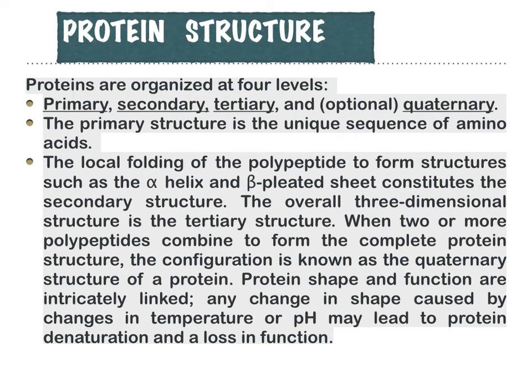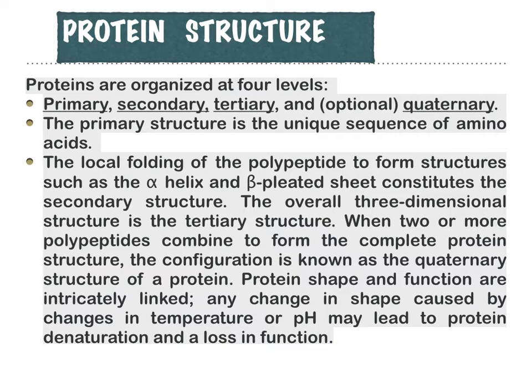Protein structures are organized into four levels: primary, secondary, tertiary, and the optional quaternary. The primary structure is the unique sequence of amino acids. The local folding of the polypeptide to form structures such as the alpha helix and beta pleated sheet constitutes the secondary structure. The overall three-dimensional structure is the tertiary structure.